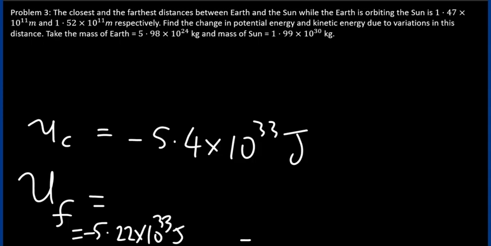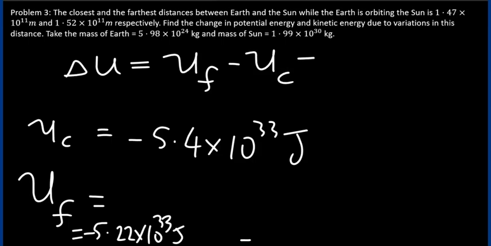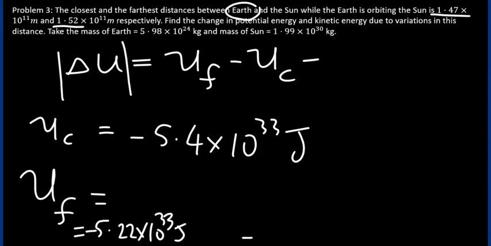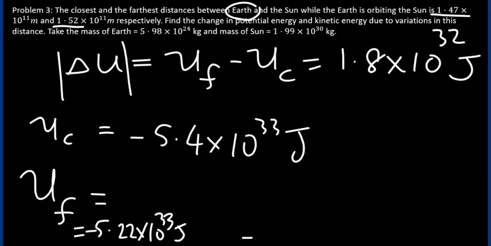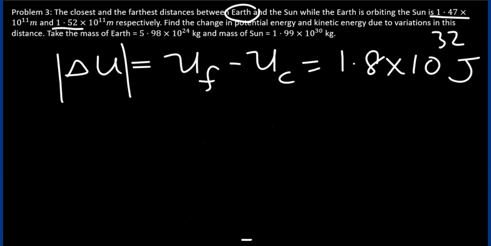And now we can compute the change in the potential energy. Since we're computing the magnitude, we can take UF minus UC, and that will give you 1.8 times 10 to the power 32 joules for the magnitude of the change in the potential energy of the system. What about the change in kinetic energy? The total energy is conserved, so the total energy does not change.